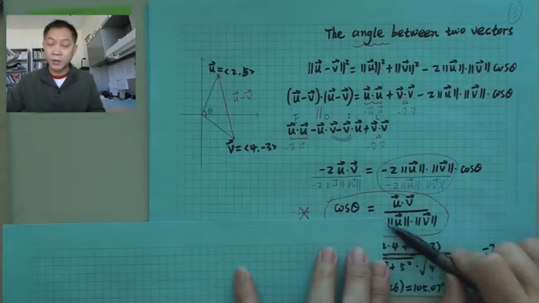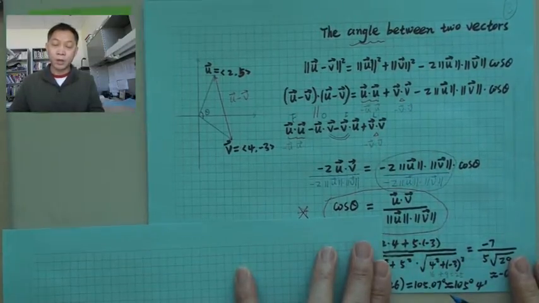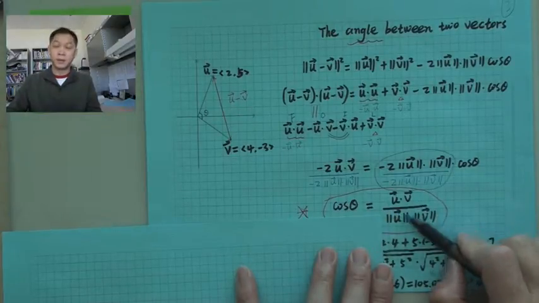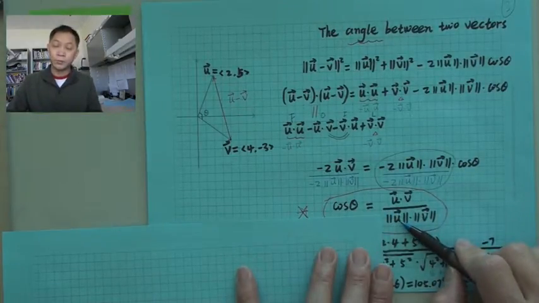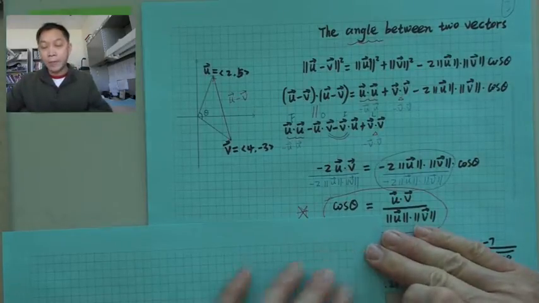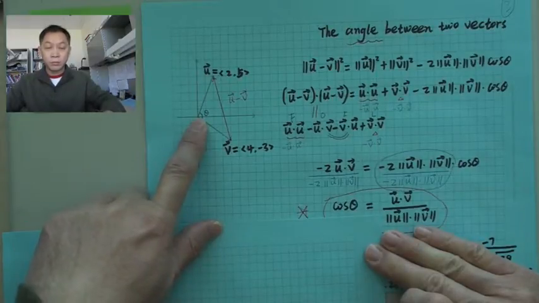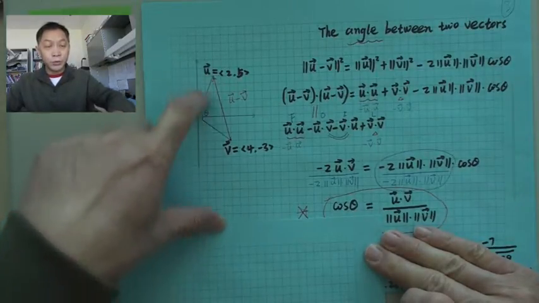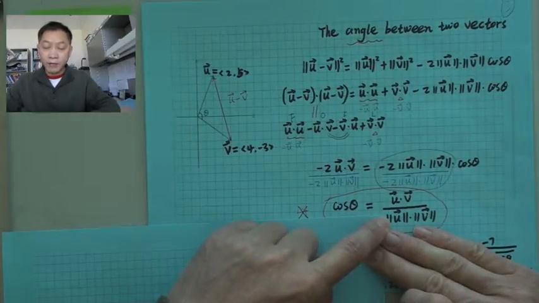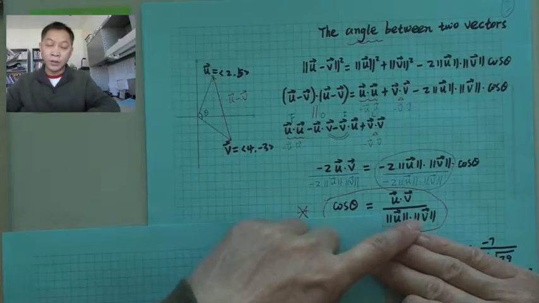Okay? Cosine theta equals that. So that's cosine theta equals U dot V, and then the length of U times the length of V. And then cosine theta gives the angle, which is U dot V divided by the length of U times the length of V in the denominator.